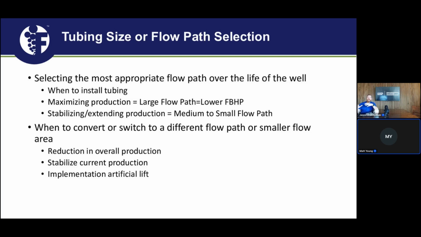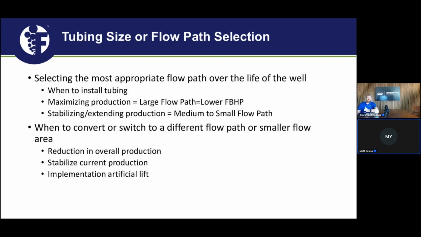The idea behind that is, one, to maximize the production through flow up the casing, and also to prevent any production restrictions or flowing bottom hole pressure increases by simply installing tubing in the well. And one of the things I'm going to focus on in this guideline is maximizing production or achieving the lowest flowing bottom hole pressure.